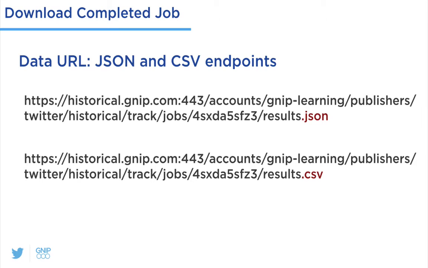I have them both listed here. You'll see the top one ends in results.json, and that corresponds to retrieving a JSON list. And the second one there ends in results.csv, and that, as the name implies, is a simple delimited text list of files. So you have your choice as to which format you want to work with.